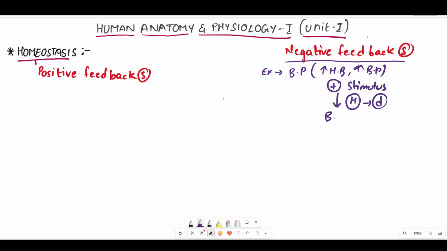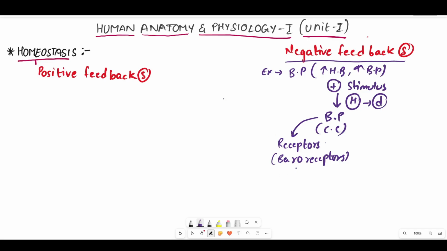So our condition here is BP. We are taking this as a controlled condition. Once after identifying that there is an increase in the BP, it will be sending the information to the receptors. Especially in case of BP, the baroreceptors will be acting, which will be specifically present in certain blood vessels.